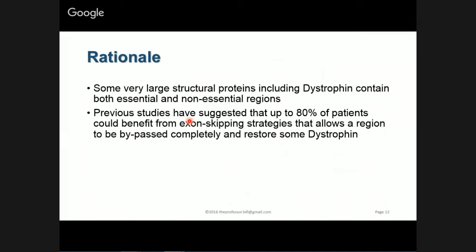And we know, for example, that in muscular dystrophy, we have smaller versions of dystrophin around.